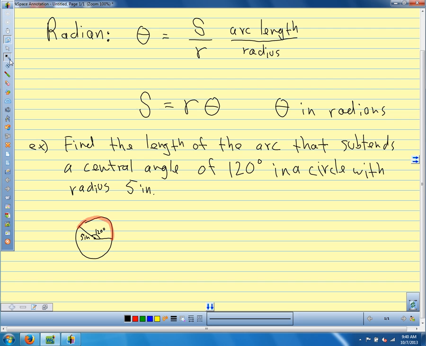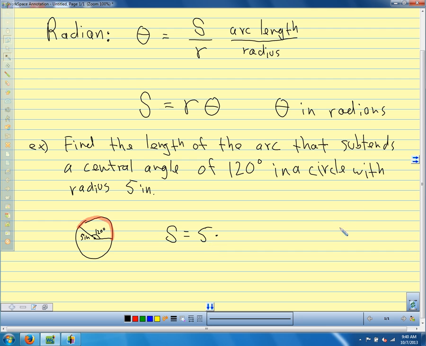So there are a couple of different ways that we could approach this problem. The first one is we can use this formula. The arc length equals the radius times our angle in radians. So let's use that one first. Our arc length equals 5 times, we need our angle in radians.